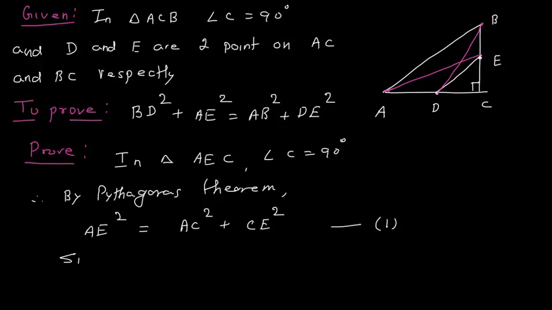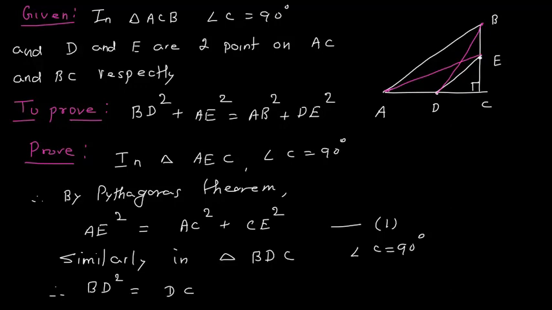Similarly, in triangle BDC, angle C is 90 degree, therefore your BD square will be equal to DC square plus AC square, right?